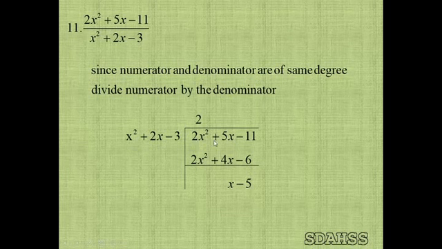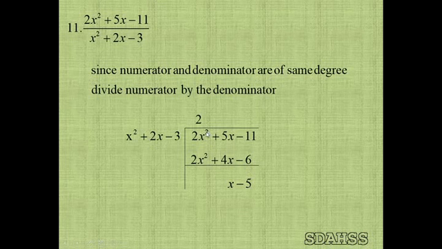Divide the first term, 2x square by x square, is 2. Multiply the whole divisor by 2. So you have 2 into x square, plus 2 into 2x, 4x, minus 3 into 2, minus 6. Change the symbol. This becomes negative, this is also negative, this is positive.